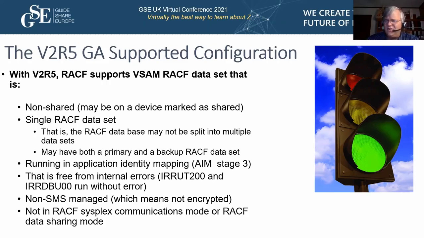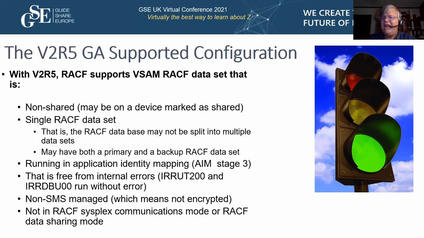Now, for those who may not remember what AIM, application identity mapping, is, it's been around for probably 15, 16, 18 years. The concept here is, I mentioned RACF is its own access manager. RACF has its own high performance index for finding profiles.